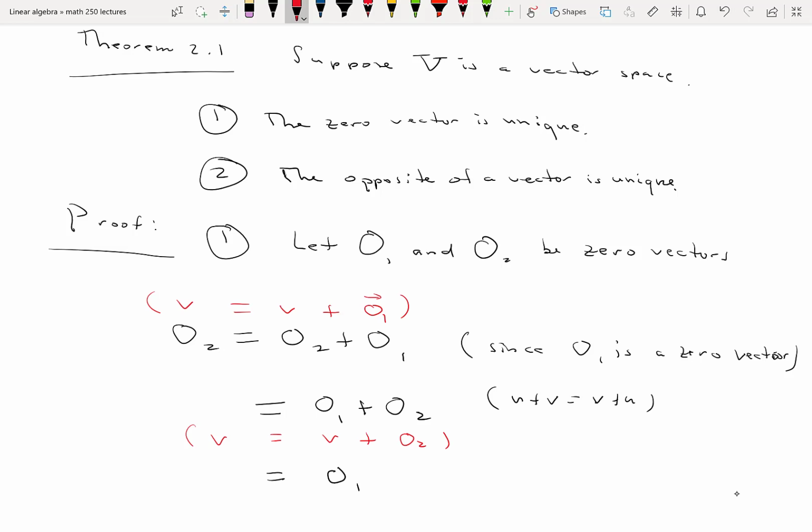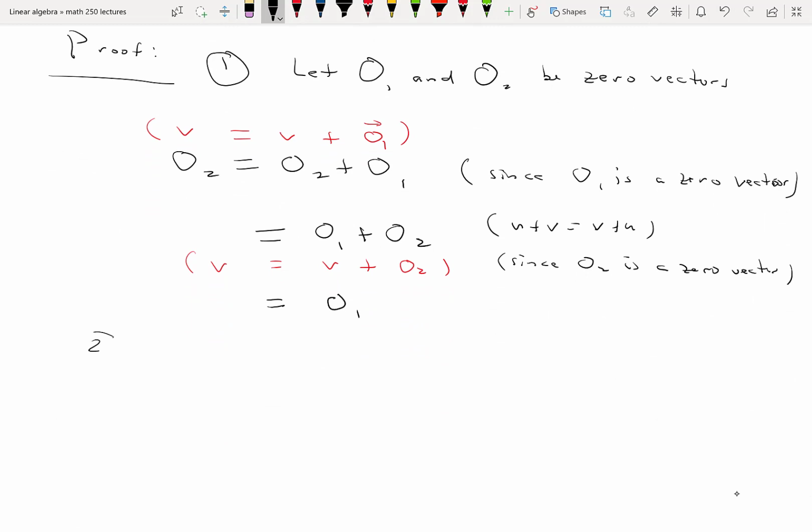So anything plus 0 sub 2 is the original thing, including 0 sub 1. It's over. I showed that 0 sub 2 equals 0 sub 1. I assumed that we had two zero vectors, and I showed that they have to be equal. So zero vectors are unique.